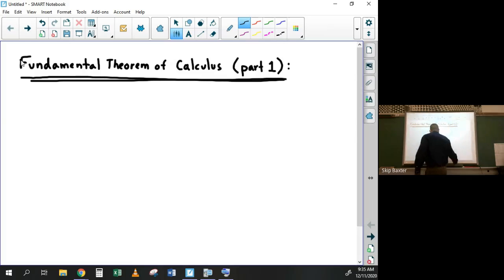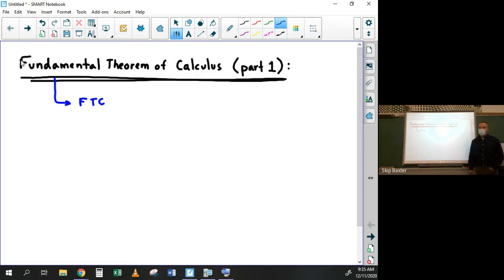You can abbreviate it anytime you refer to it as just FTC. Okay, so we have IVT, EVT, MVT, Rolle's theorem, and now FTC. Those are the special theorems that we've talked about so far.